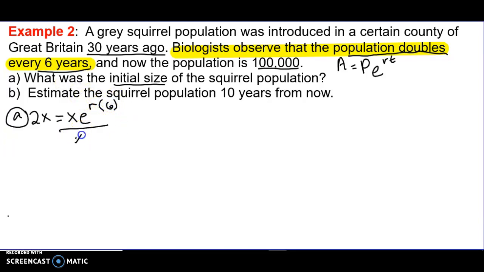So let's solve this by dividing by X on both sides. We get 2 equals e to the 6R. Take ln on both sides, bring down that 6R.